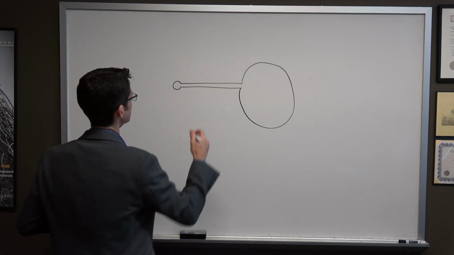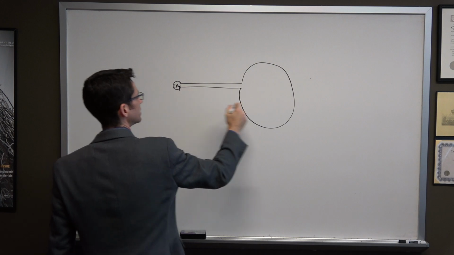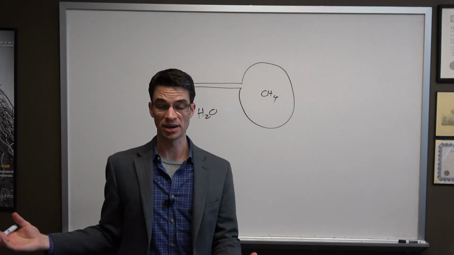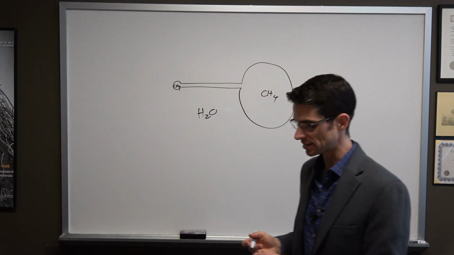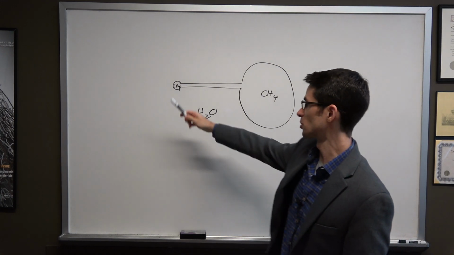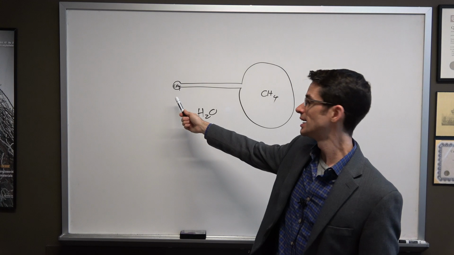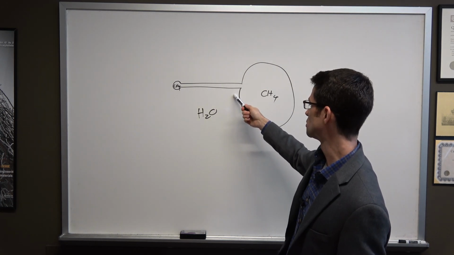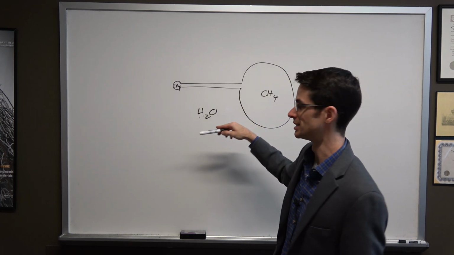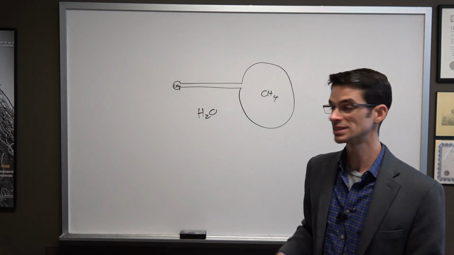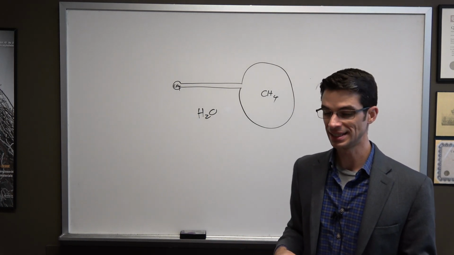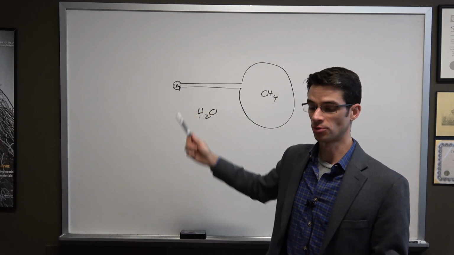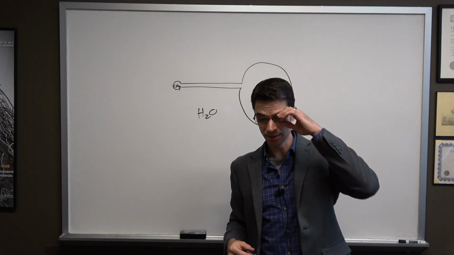And in the problem it was methane gas in water, but it doesn't really matter what it is. Which side has the greater Laplace pressure? The smaller bubble has the greater Laplace pressure, and the gas inside it will travel through the tube and make the other one bigger until the smaller one disappears, because even though the surface tension is the same, the Laplace pressure on the inside is bigger for the smaller bubble.